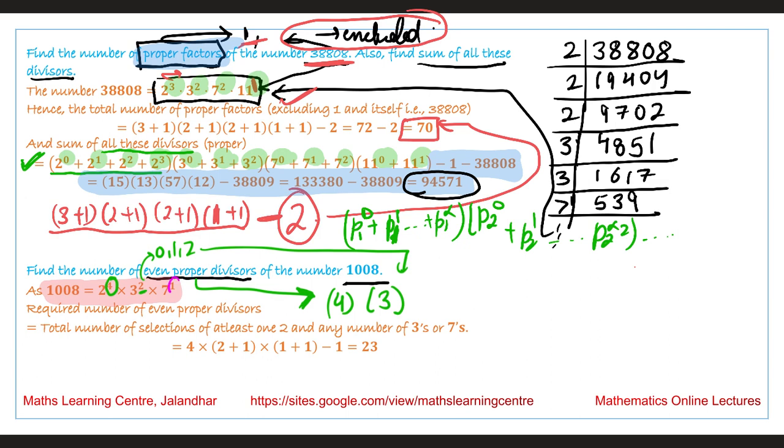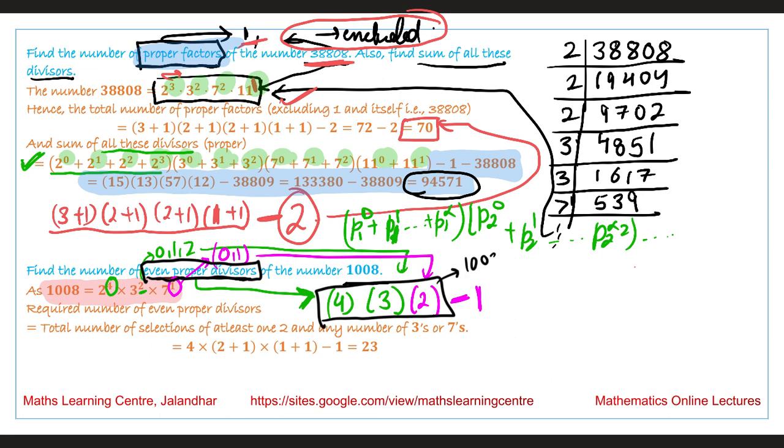The last power is 1, so we choose out of 0 and 1, so the number of options is 2. We subtract 1 from it, because when we talk about even divisors, one of them will be 1008, but this is not a proper divisor. On solving this, the answer is 23.